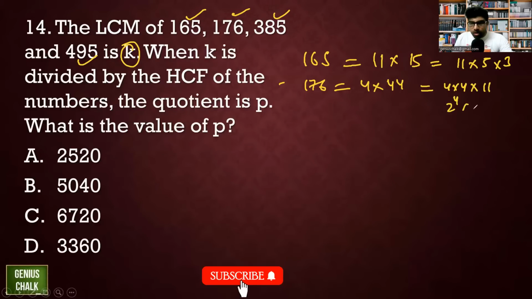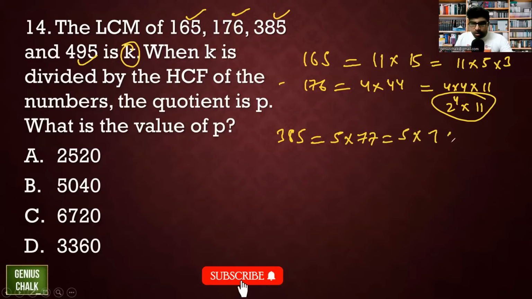That is 2 to the power 4 into 11. Next is 385, which becomes cancelled by 5: 5 into 7 into 11. And what is 495? 5 9s are 45, so 5 into 9 into 11.